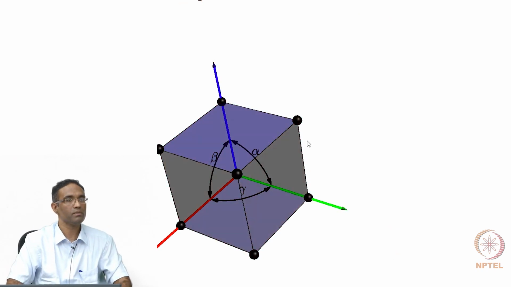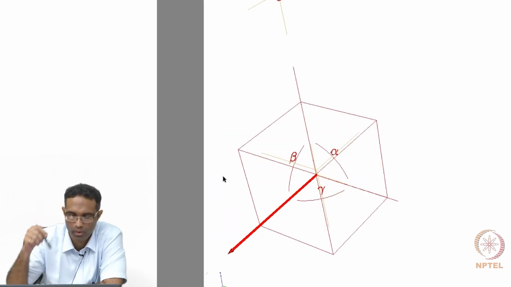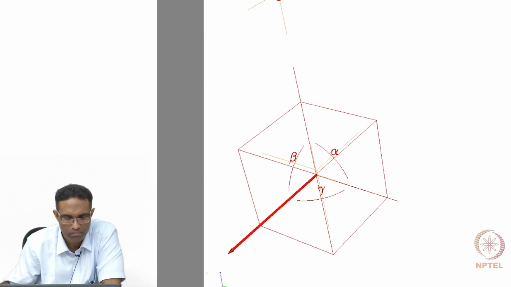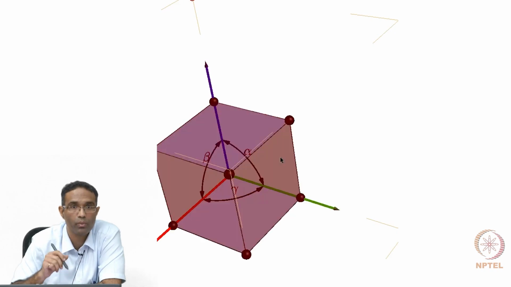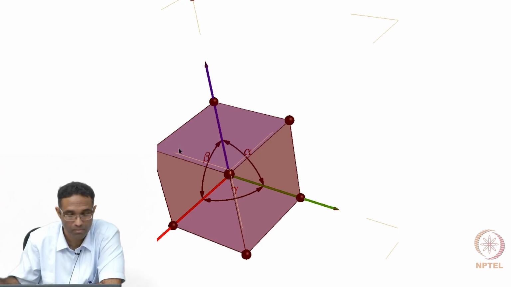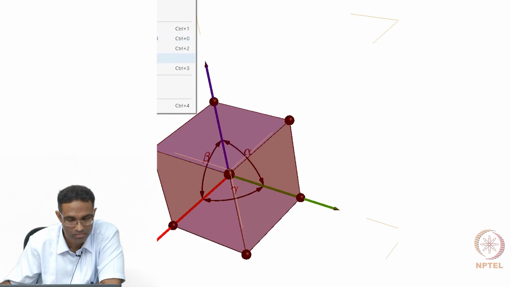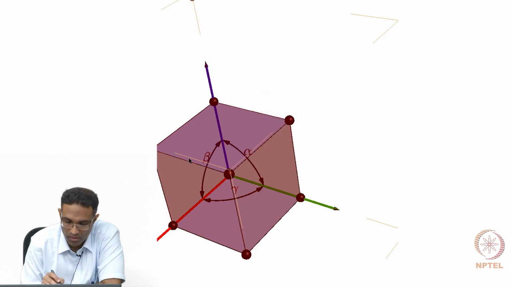Is there a 3 bar? For example, consider this. So I am looking through the 1 1 1 direction. Consider the front 3 atoms, these 3 atoms right here.